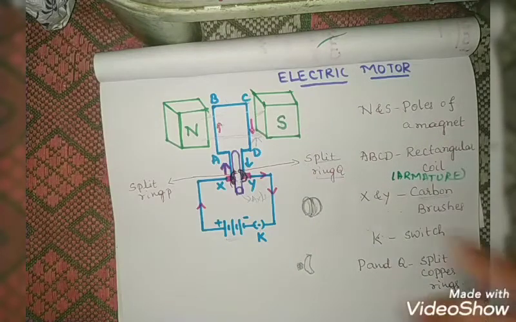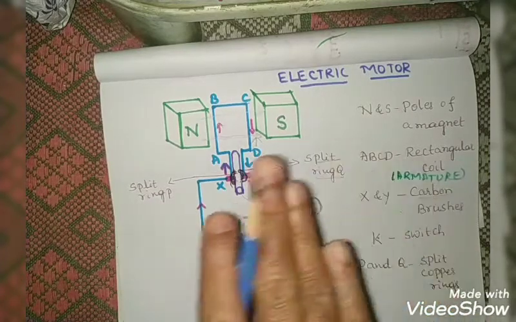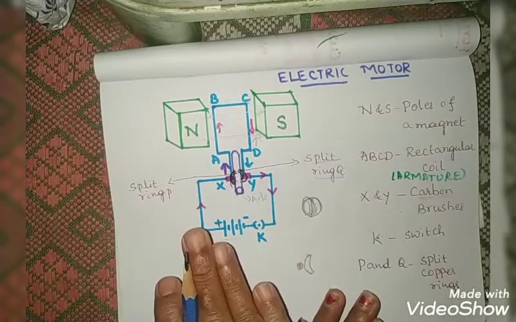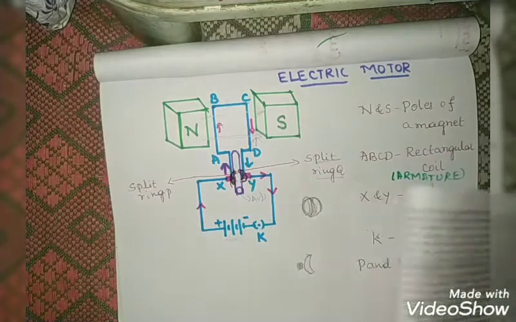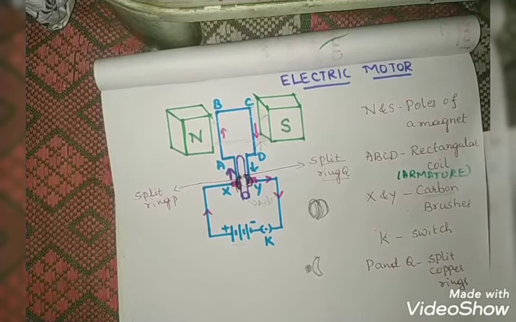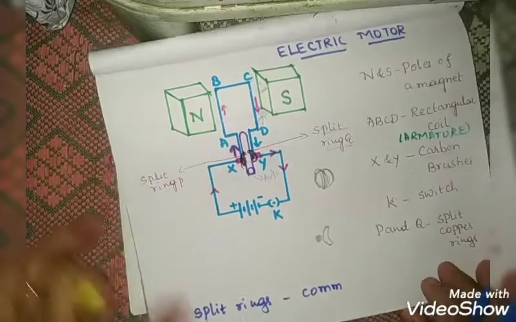So here this is a very important device which reverses the direction of the current. That device is known as commutator. Split rings are known as commutators, children. What are commutators?